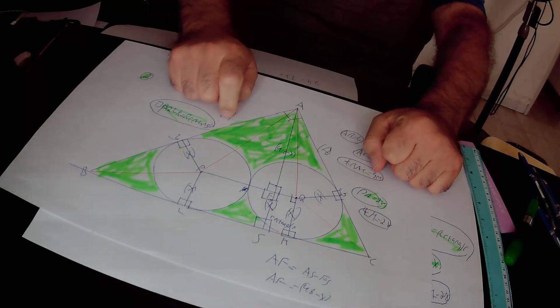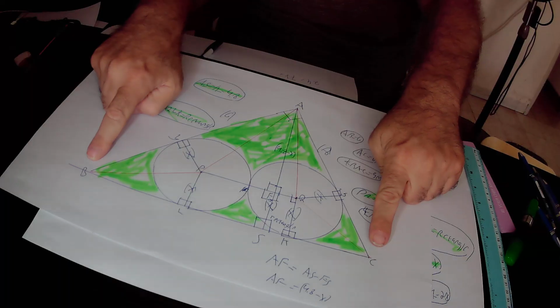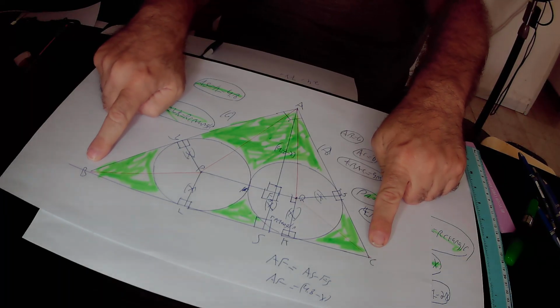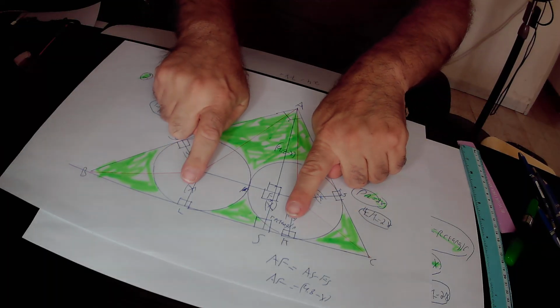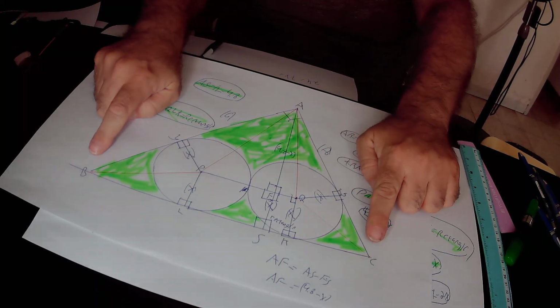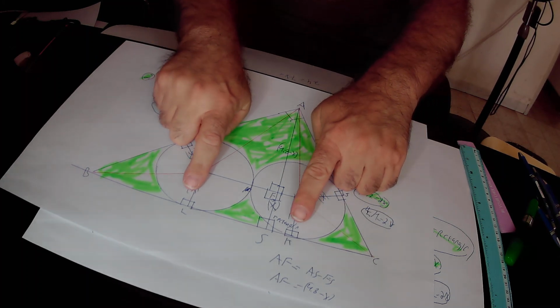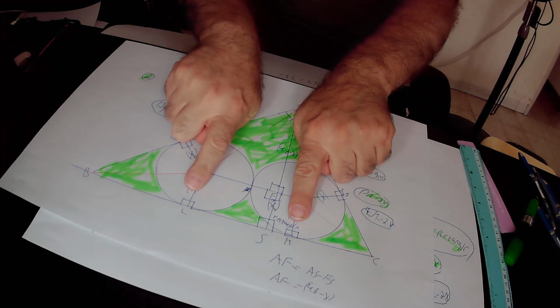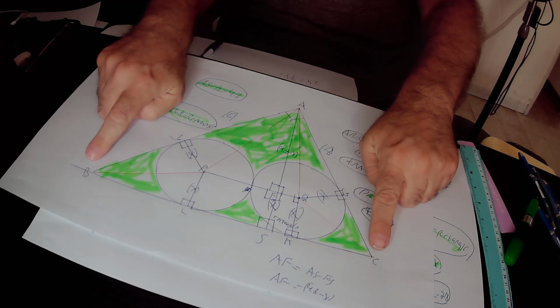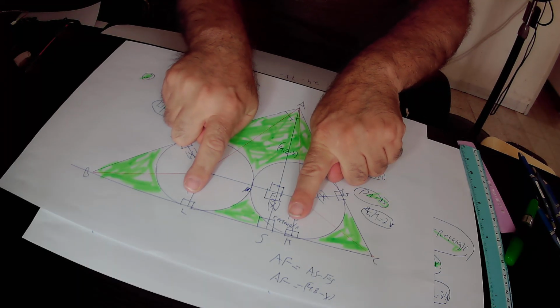Actually, it is very clear from the drawing that if we remove from BC this line segment LK, what is left from BC is BL plus KC.